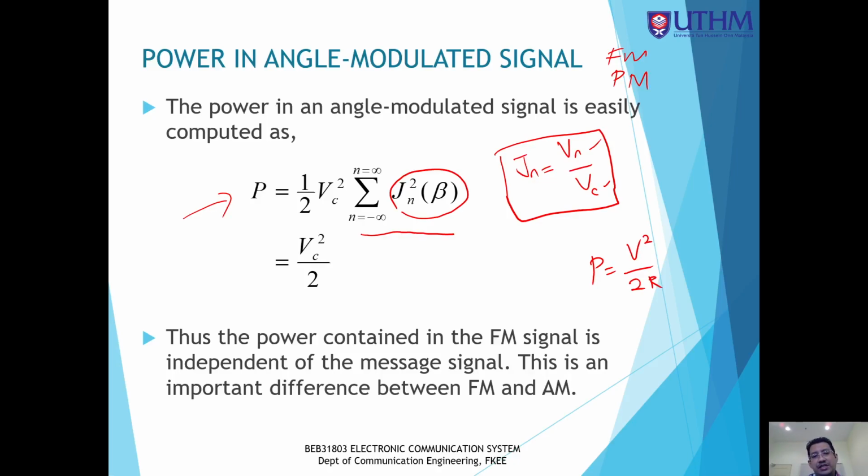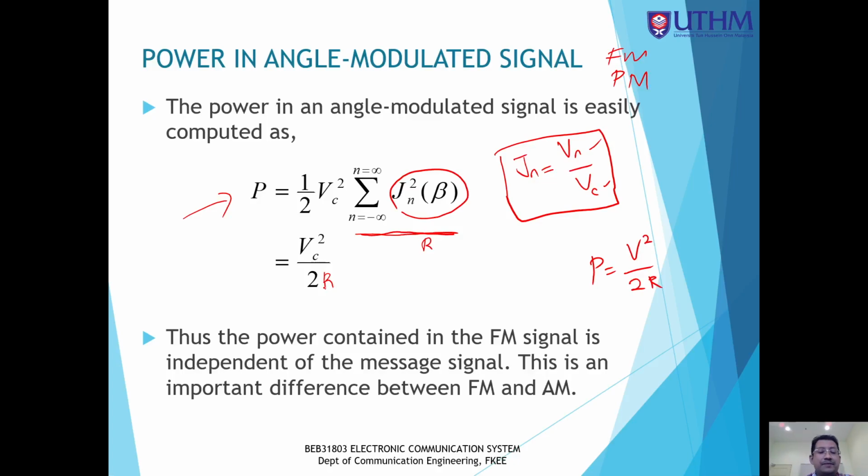There is actually an R parameter here, but in this example we assume the resistance is equal to unity, which is 1. So don't be confused that there is a resistance parameter in these equations. Since R is equal to 1, the R is not put in this example.